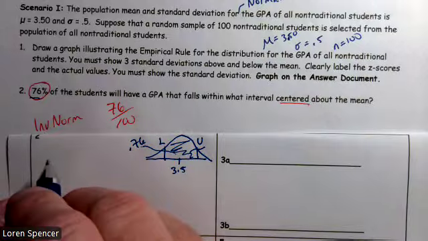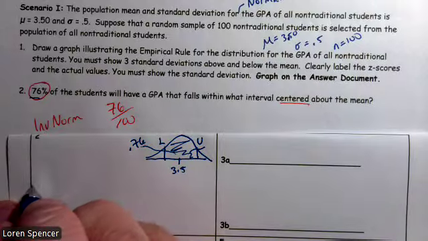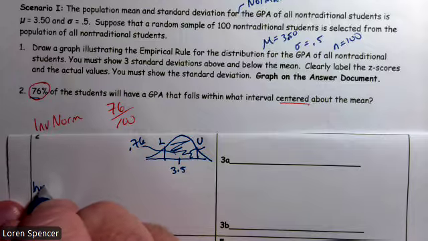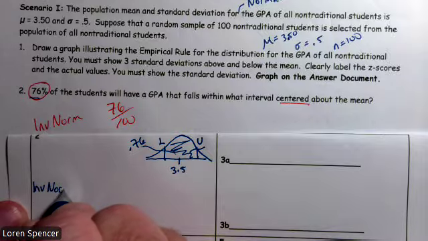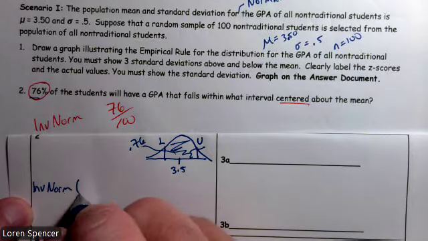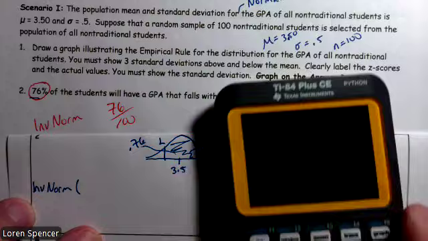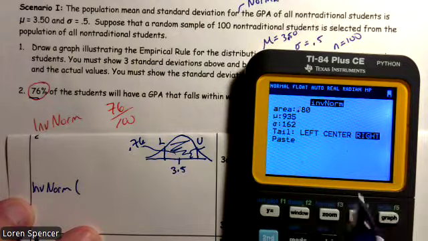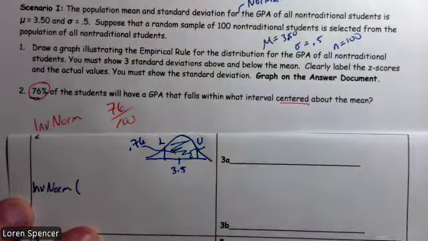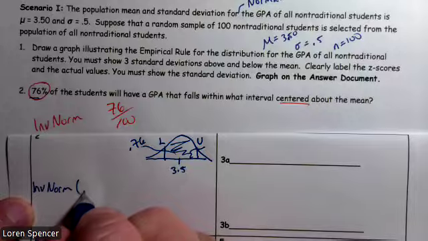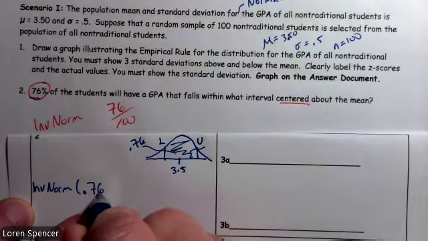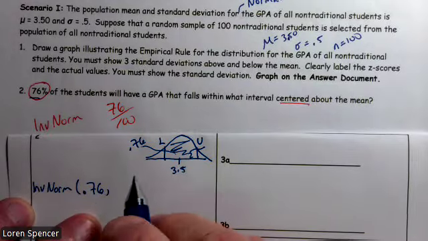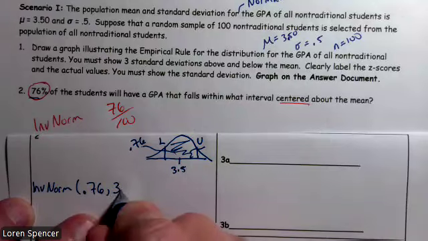I'm going to go to my calculator and write my calculator commands, which in this case is inverse norm. And when I go to inverse norm, it says, hey, we want the area. So they're looking for the percentage. They're looking for that 0.76. They're also looking for the mean, which was 3.5.